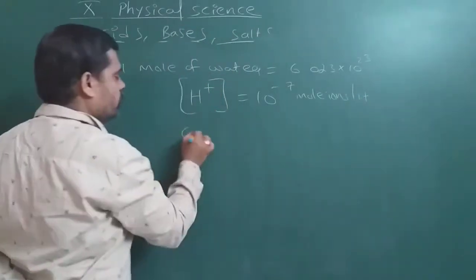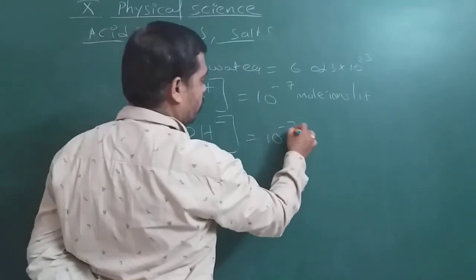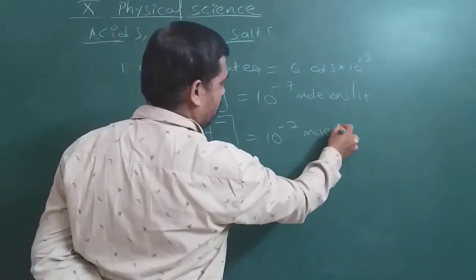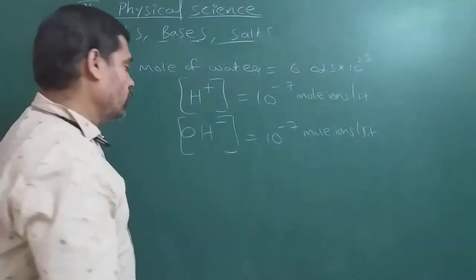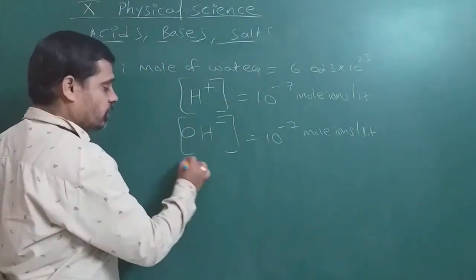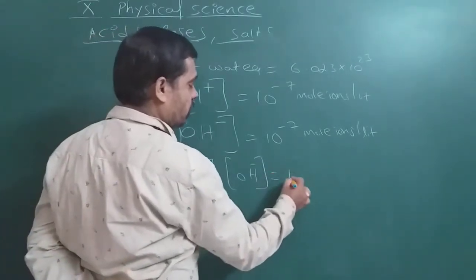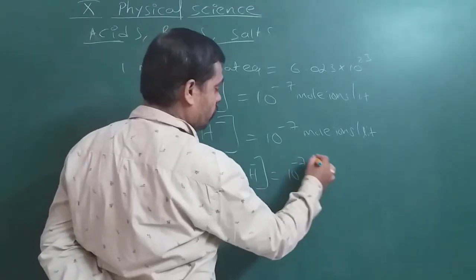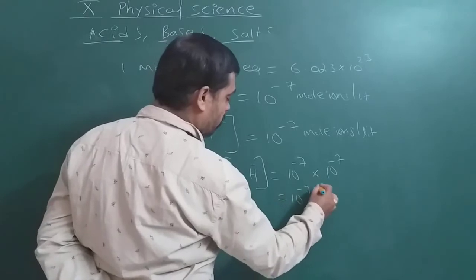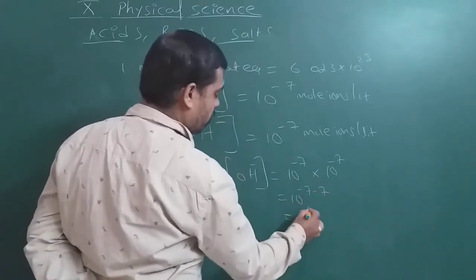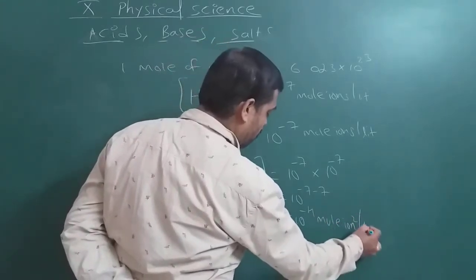Similarly, the OH minus ion concentration is 10 power minus 7 mole ions per liter, so they are equal. If you multiply these concentrations, 10 power minus 7 into 10 power minus 7 equals 10 power minus 14 mole ions square per liter square.